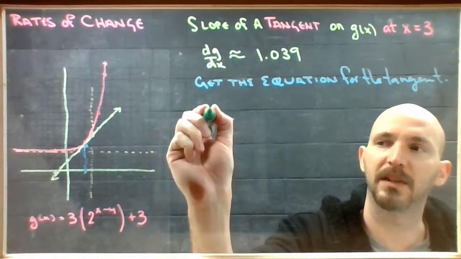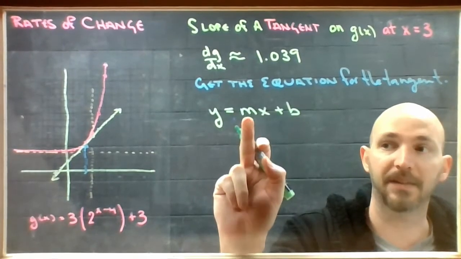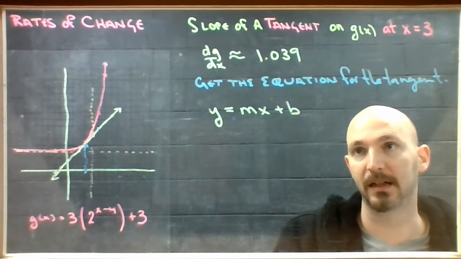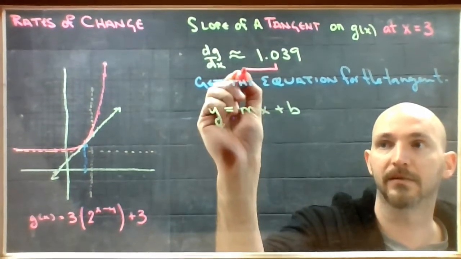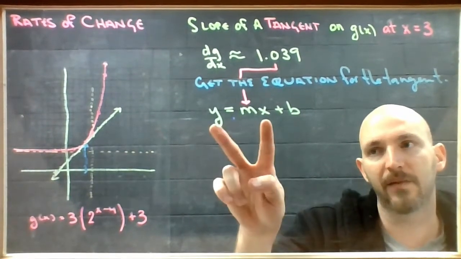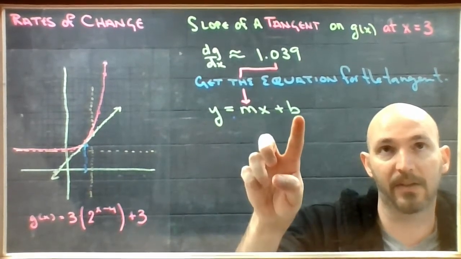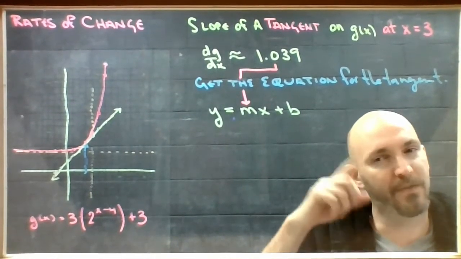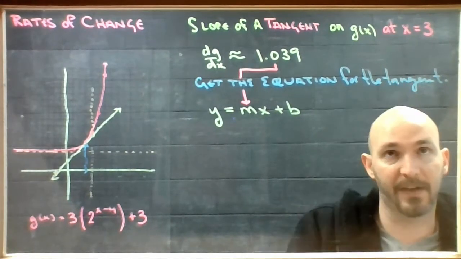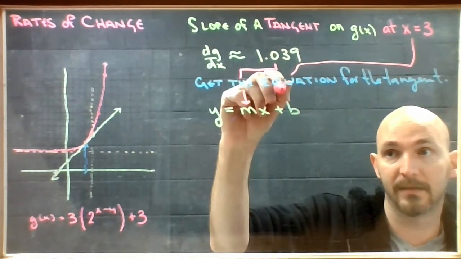So I have to remember that the equation of a line is y equals mx plus b, where m is the slope. So I'm going to take my 1.039 and drop that in right here. If I had an x and a y pair to plug into this, I'd be able to calculate the b. And if you recall earlier in the video, I had calculated an x value of 3, so I could put that here.